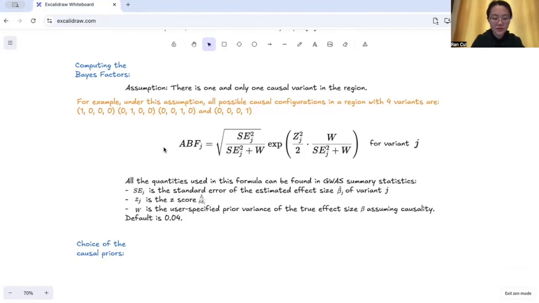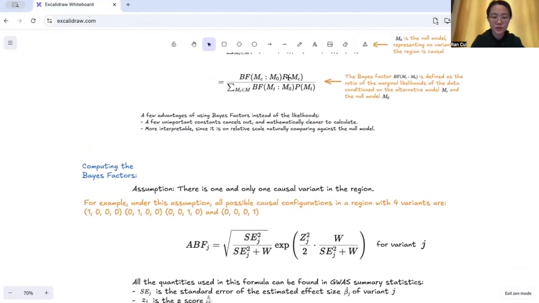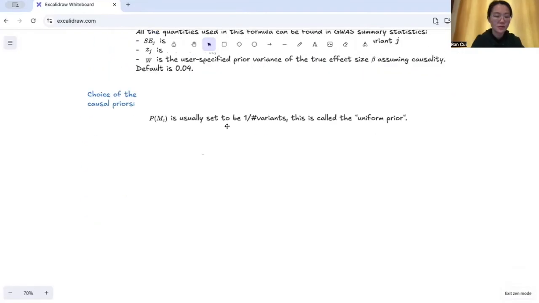This is the Bayes factor, but there's another component to compute the posterior probability, as you can see here. There's the Bayes factor, but there are also these priors, P of MC, P of MT. So let's think about the choice of causal priors. These causal priors represent your belief of how likely the variant is causal before you have even seen the GWAS data.